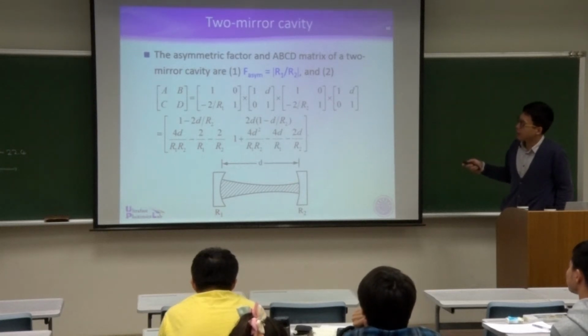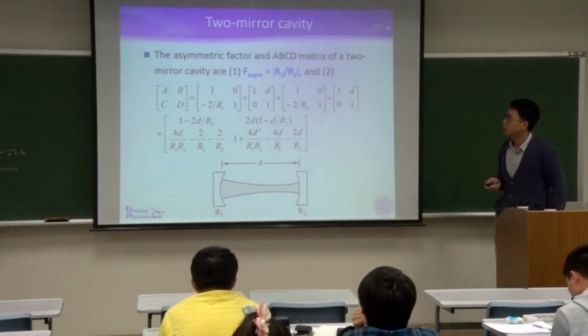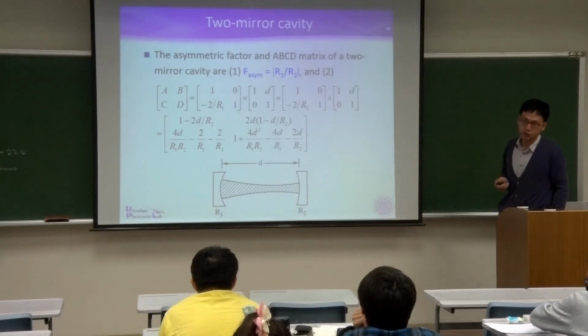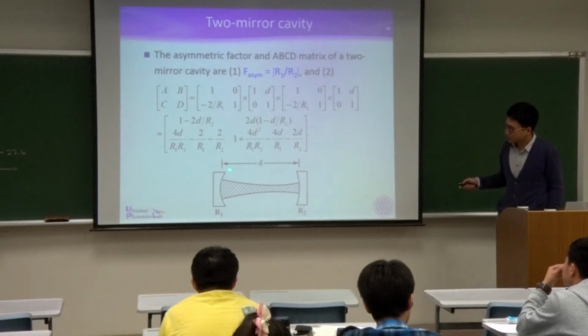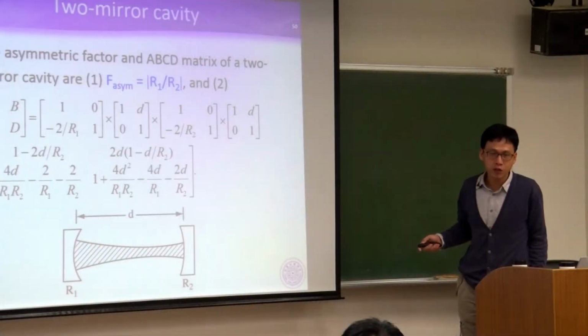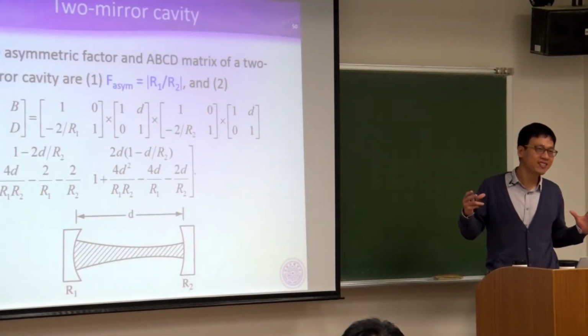What is the asymmetry factor of the cavity? It's the ratio of the two radii of curvature, R1 over R2, absolute square. So it means these two curved mirrors might be different.